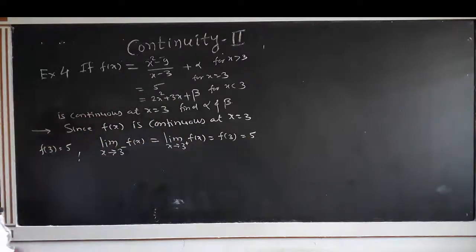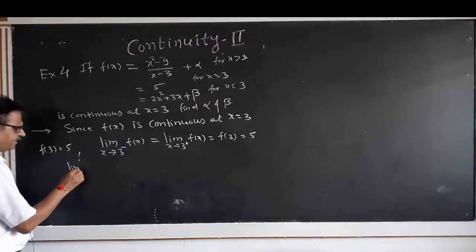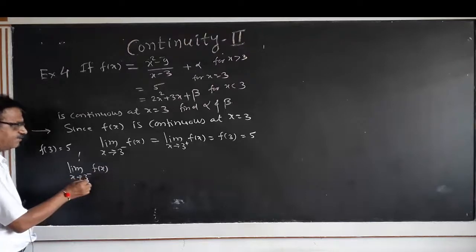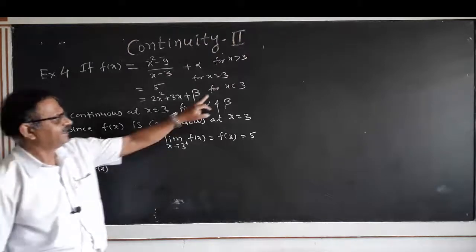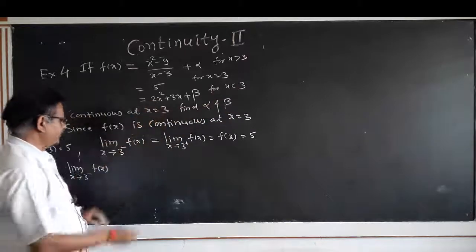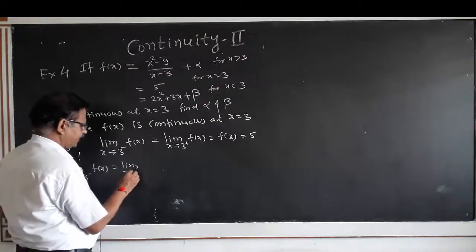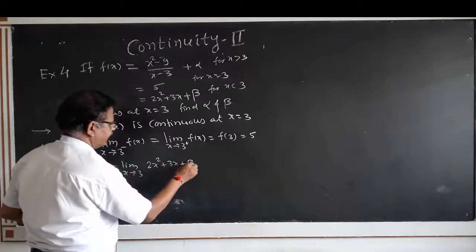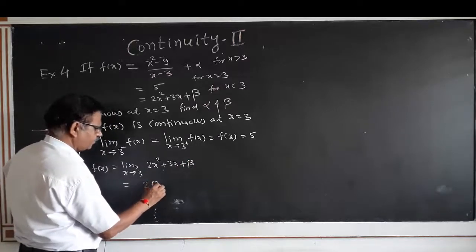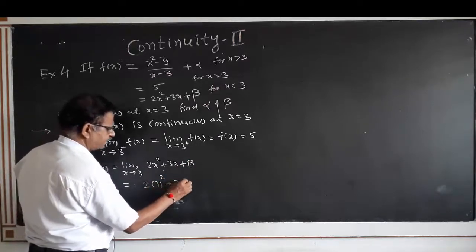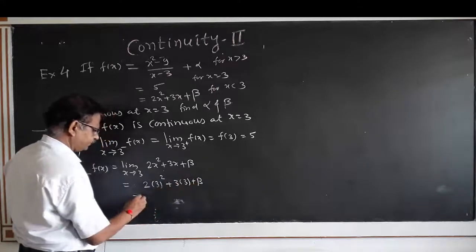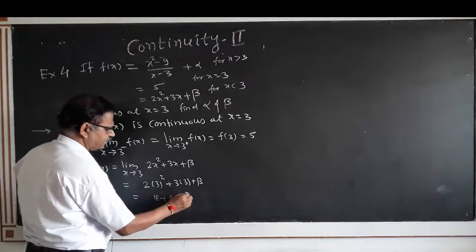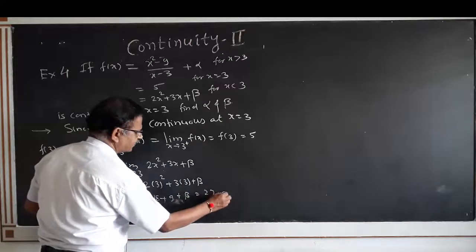Now, we shall find out left hand limit, limit x tends to 3 minus of f(x). Here x approaching 3 from left hand side, that means x is less than 3. Therefore, value of f(x) is limit x tends to 3 of 2x square plus 3x plus beta equal to 2 into 3 square plus 3 into 3 plus beta. 3 square 9, 9 into 2 18 plus 9 plus beta, that is 27 plus beta.